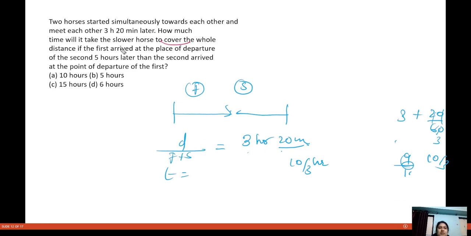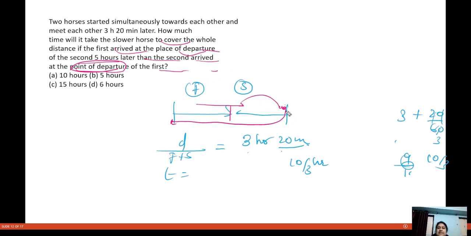Now it is saying how much time will the slower horse take to cover the whole distance if the first arrived at the place of the departure of the second 5 hours later. So the faster horse is coming to the departure of the second horse, and the slower horse is arriving at the departure of the first horse.